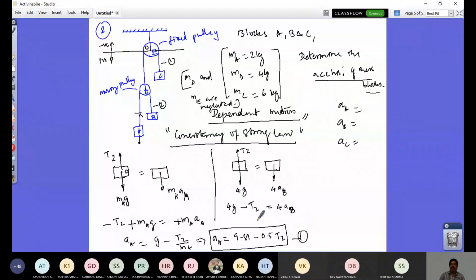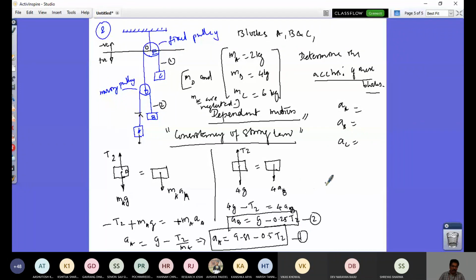So I get my AB equals G minus 0.25 T2. That's my second equation.